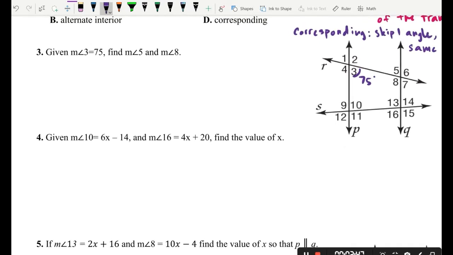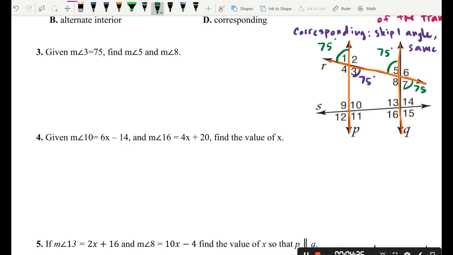Based on this, we know that P and Q are parallel, and the transversal that goes through P and Q and forms angle 3 is the transversal R. So we know the following information. 3 and 1 are equal because of the vertical angle, so angle 1 is also 75 degrees. 1 and 5 are equal because of the corresponding angle, and 5 is equal to 7 because of the vertical angle.